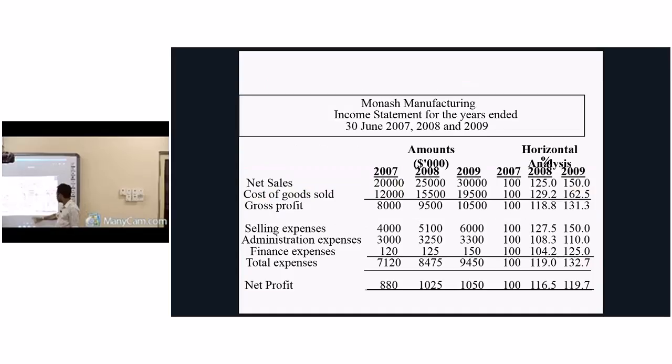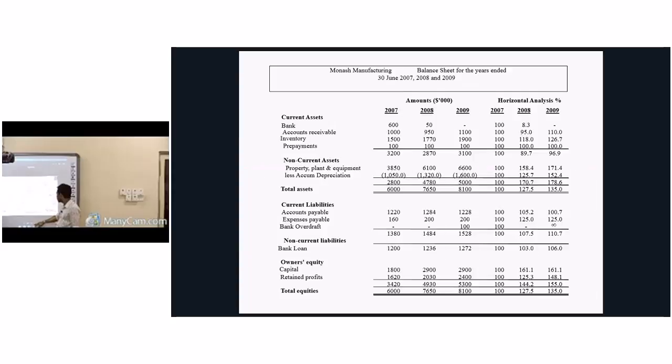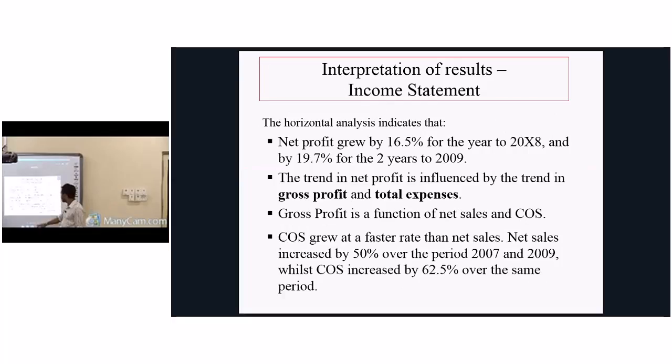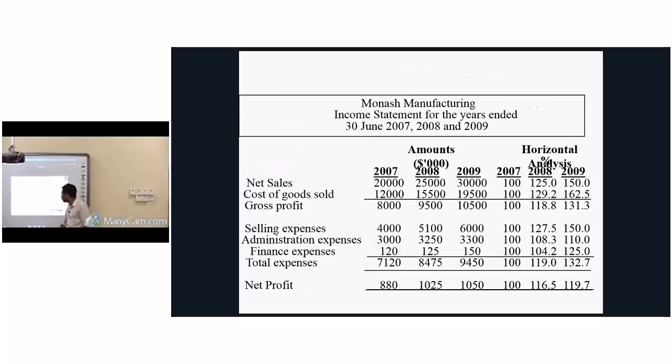Something that we have done, percentage analysis. This is also the same. We have taken a base year, 2007 as 100. Then when it comes to 2008, it's the percentage as a result of this.